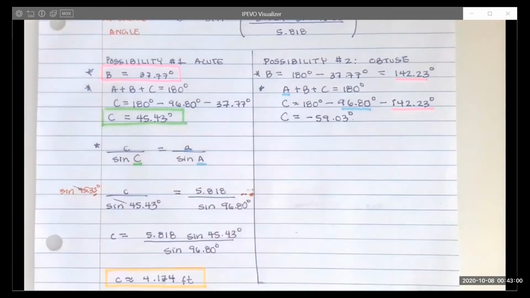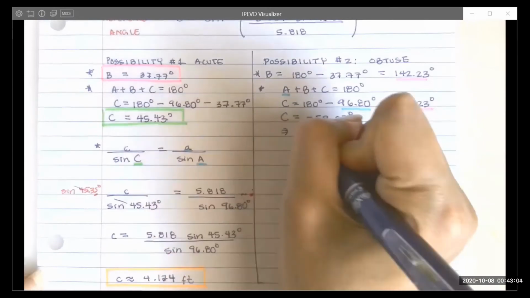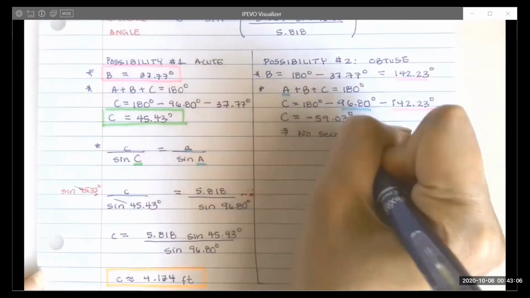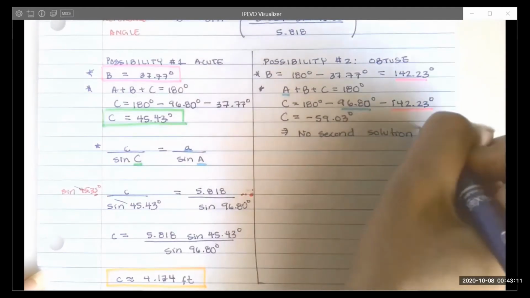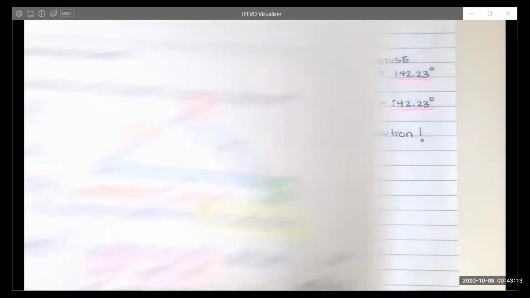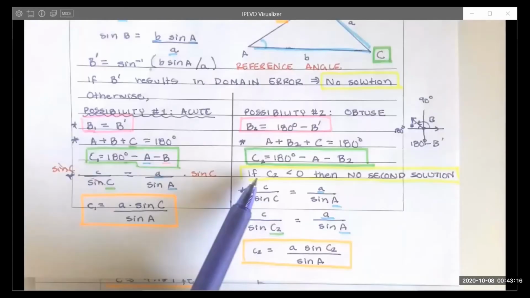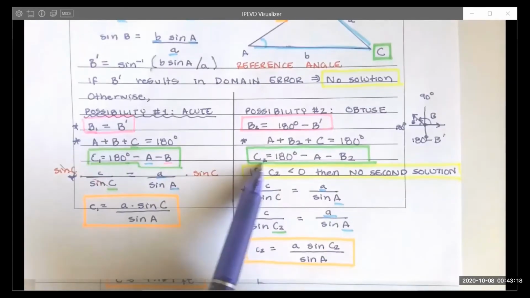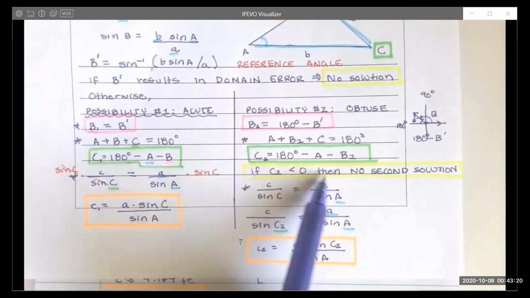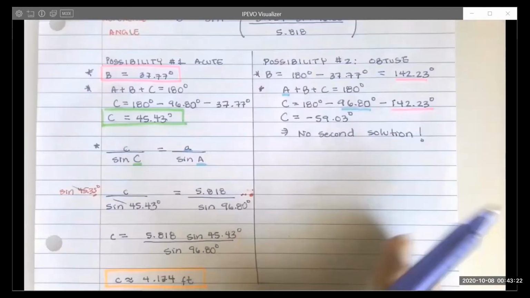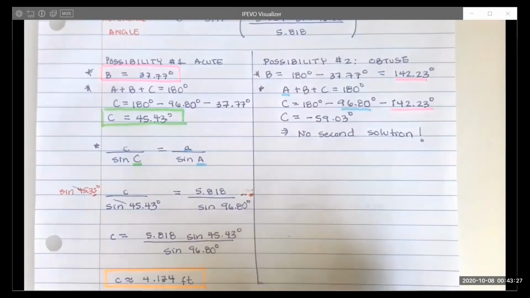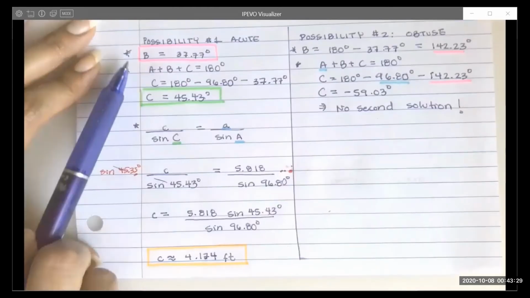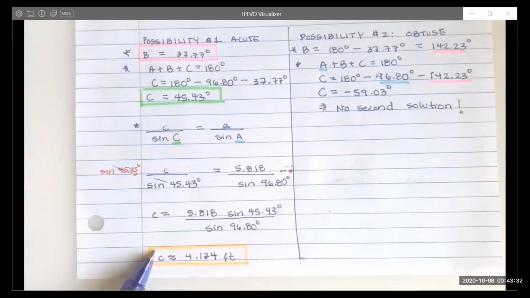Not a solution. Yeah, not a solution. Good. So there is no second solution. And that is this little note that we have as part of our summary. If the second angle C is negative, then there is no second solution. So this problem had only one solution then. It is this angle B, angle C, and this side C.